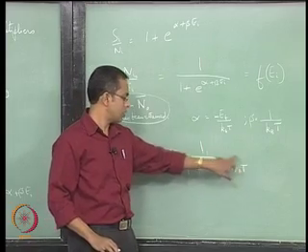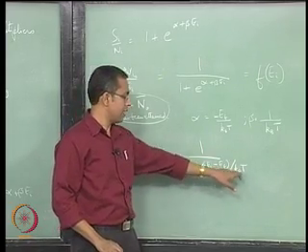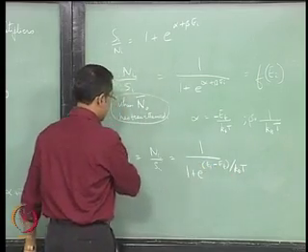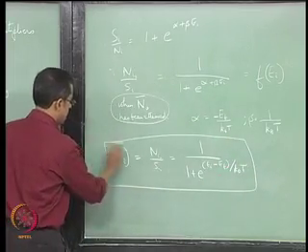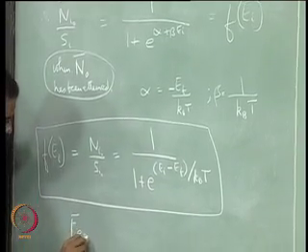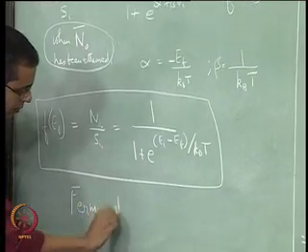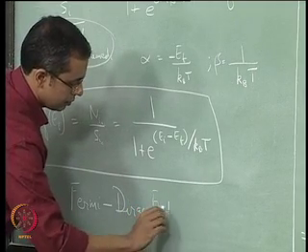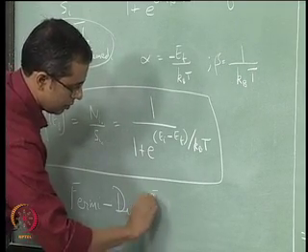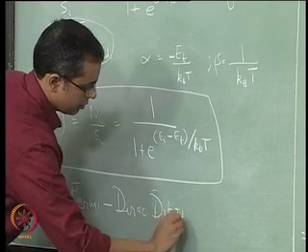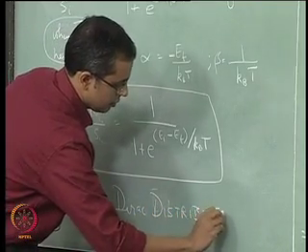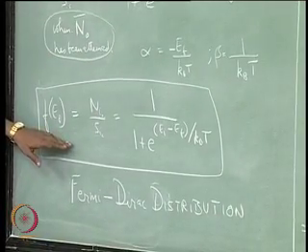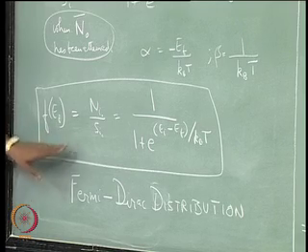The whole thing, E minus E_F, is divided by k_B T, the Boltzmann's constant times the temperature T. So this expression here is the Fermi-Dirac distribution.